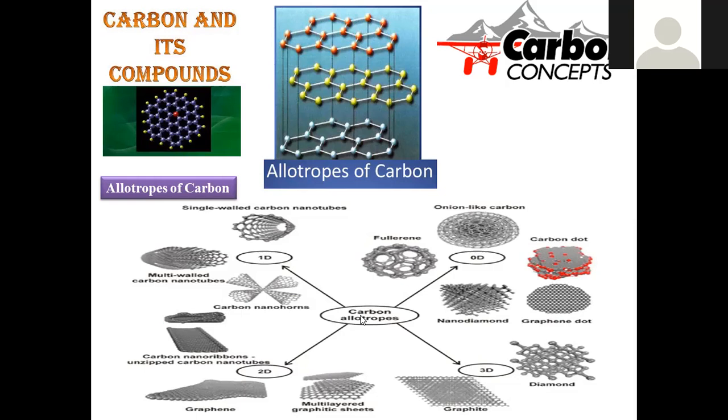All the mentioned examples come under the allotropic forms of carbon: fullerene, onion-like carbon, carbon dots, nanodiamond, graphene dots, and diamond, graphite, multi-layered graphitic sheets, graphene, and carbon nanotubes, single-walled and multi-walled, and quantum dots are also available.